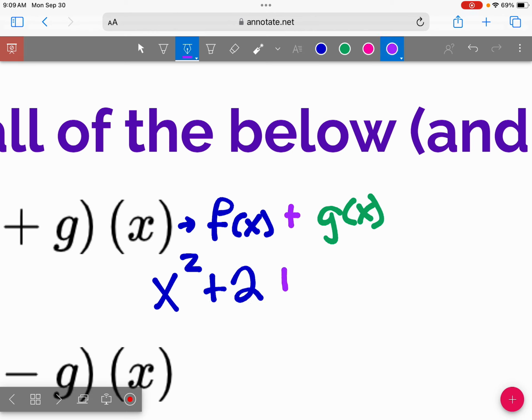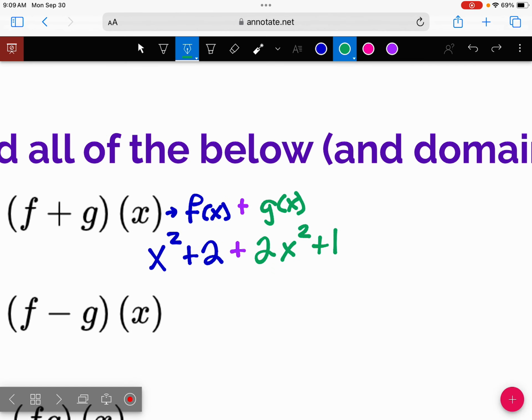And we're going to add g of x, 2x squared plus 1. Can we simplify that? How? 3x squared plus 3. So f plus g of x is 3x squared plus 3.